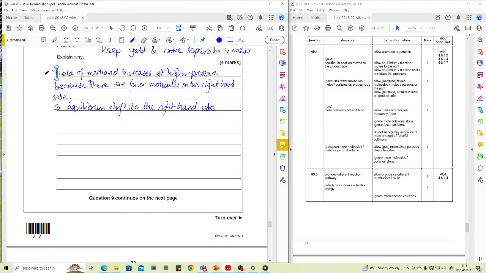Because all I've done here is repeated the question. So this is M2 and this is M1. Great. Now the rate of reaction.